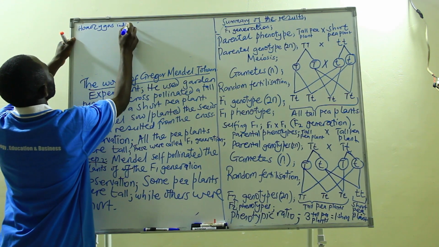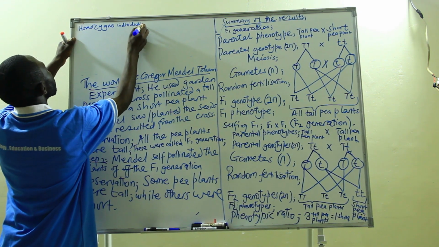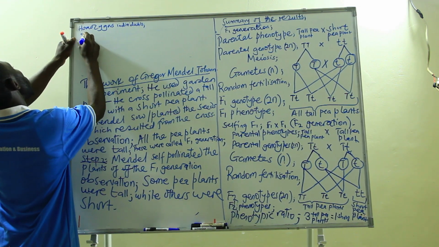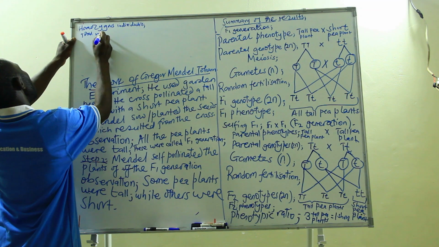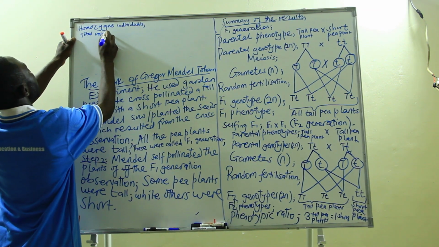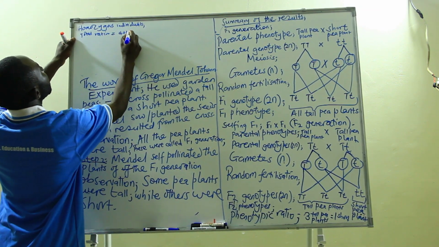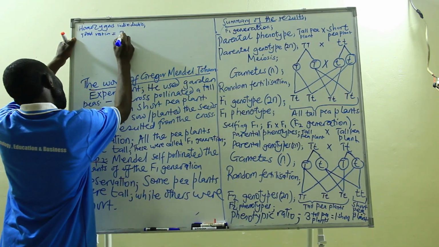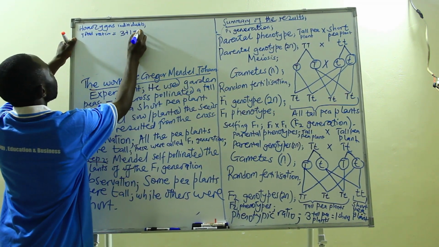Total ratio equals 3 plus 1, which is equal to 4.